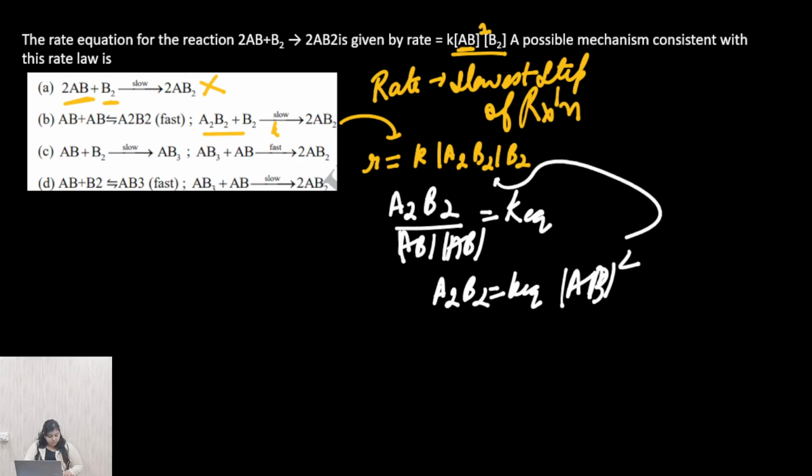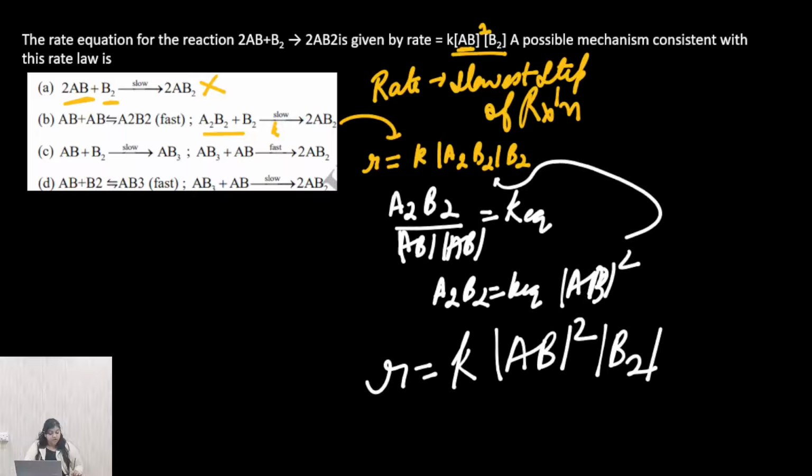Substitute this in the above expression. So the overall rate is getting to be rate constant K into AB square into B2. This is what we are getting. So again you see here the square term is coming in the final rate expression, which is not given to us in the options. So this again can't be the answer.